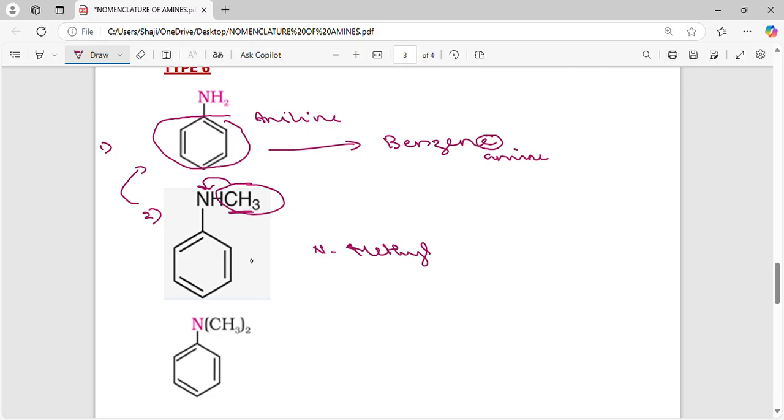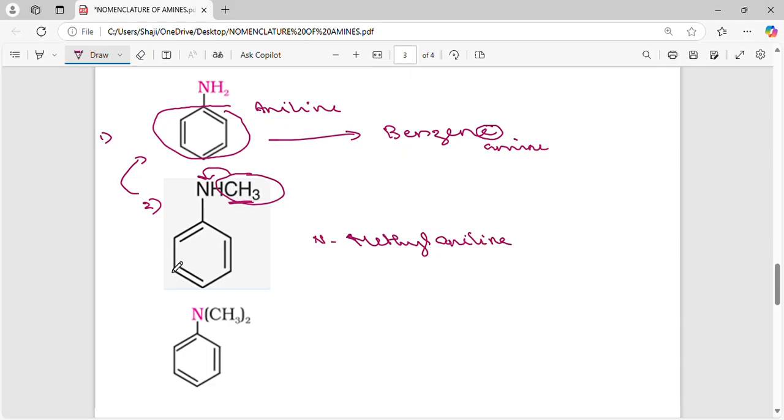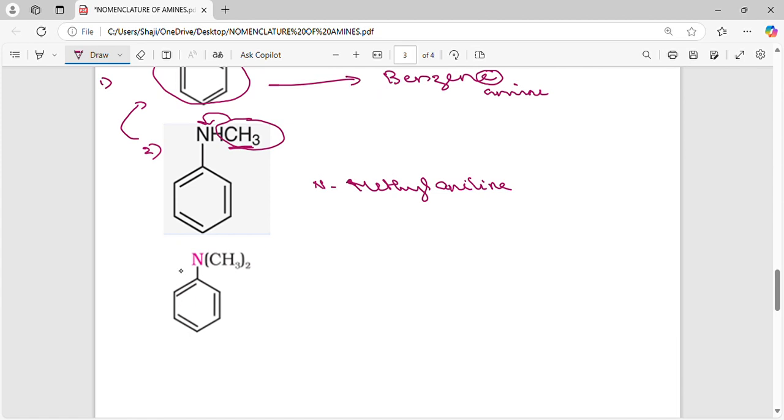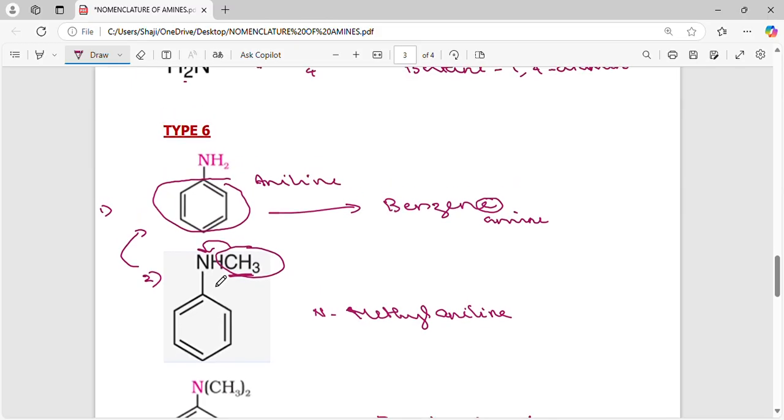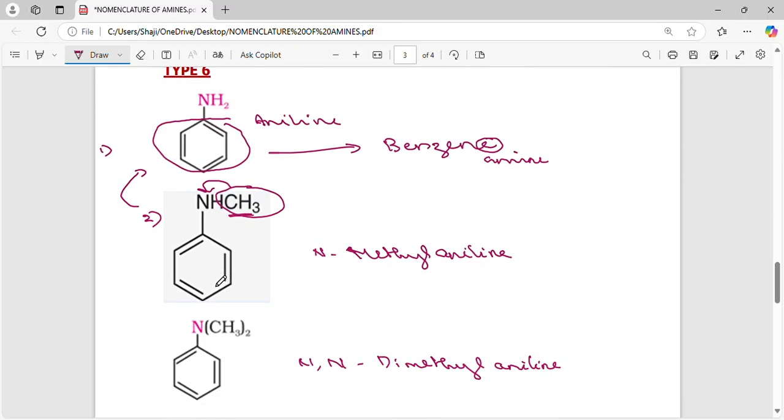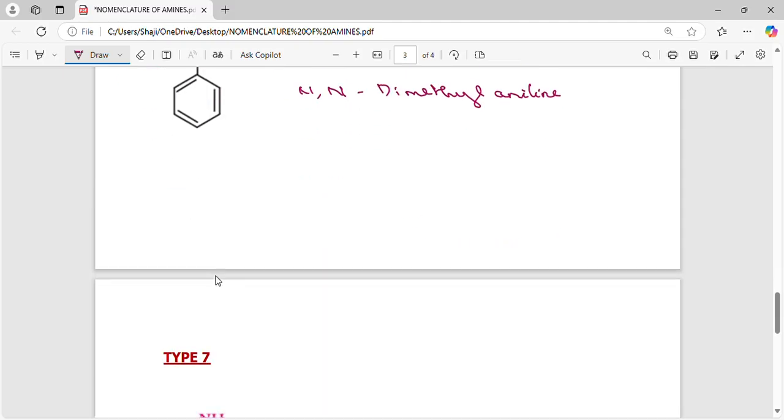Either you can write benzenamine or we can use the common name as well. So N-methyl aniline. And here we can see 2 methyl groups. So N is to be mentioned 2 times. N,N-dimethyl aniline. This is type 6 with aromatic functional groups.